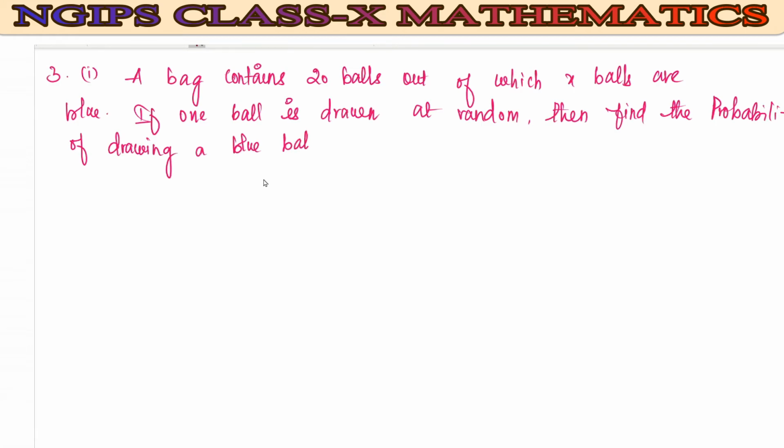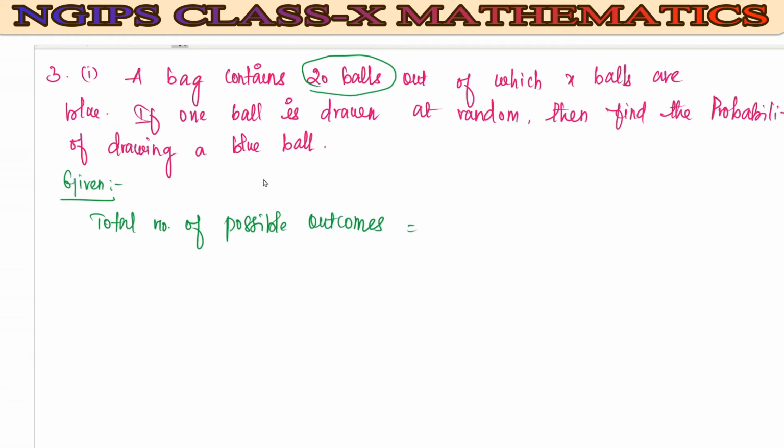Here I can take the third question. Now if you look at this question, we have a bag that contains 20 balls. So I am going to write the given conditions here. Total number of possible outcomes is equal to 20 balls, out of which x are red balls.